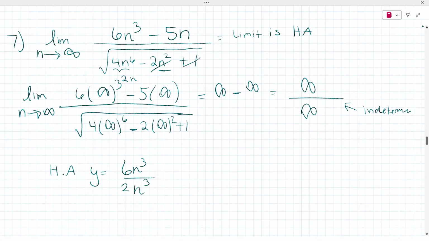And what do we know about the rules when the degrees are the same? You just use the coefficients. So if the degrees are the same, you're going to use the coefficients.